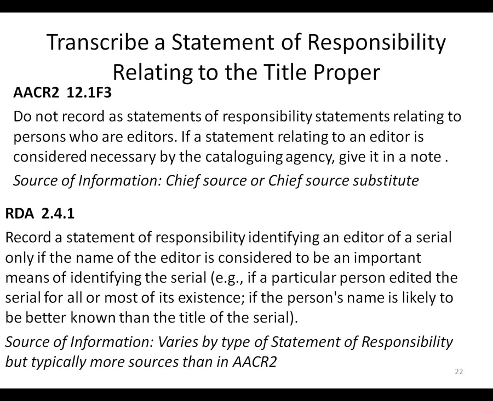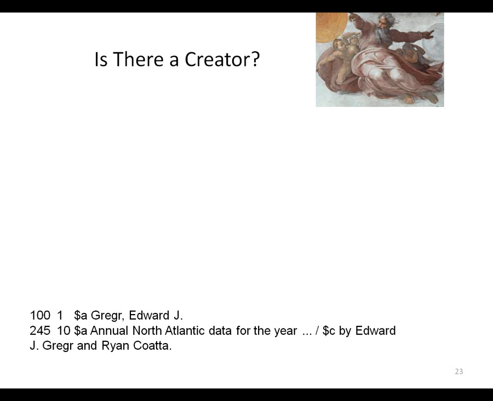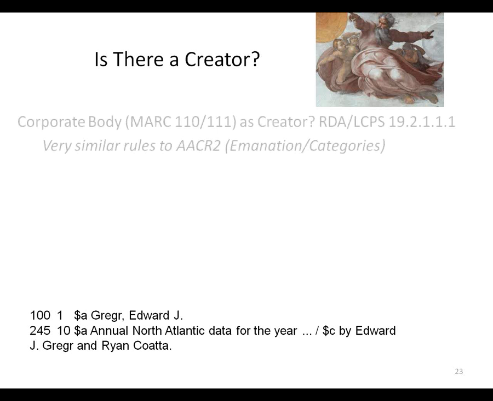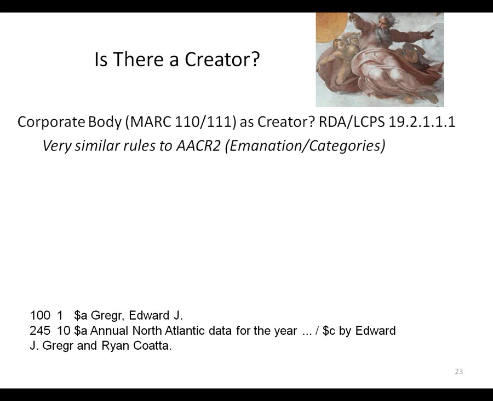So after we've transcribed our statement of responsibility in the serial record, typically the 245, and all of the title statement, one of the next considerations that a cataloger makes is that of main entry. Okay. So RDA talks about that as being a creator. So you do have to make a decision whether you have a corporate body as a creator.